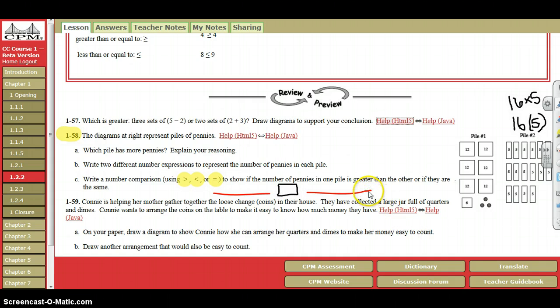So you're just practicing writing those comparisons. And the information that goes in here is this information. Let's say for pile 2 you decided, yep, 16 groups of 5. Whatever your expression is right here, then you put in your comparison, whatever you think. So take some time to solve that now. When you're ready, we're going to move on to 160.